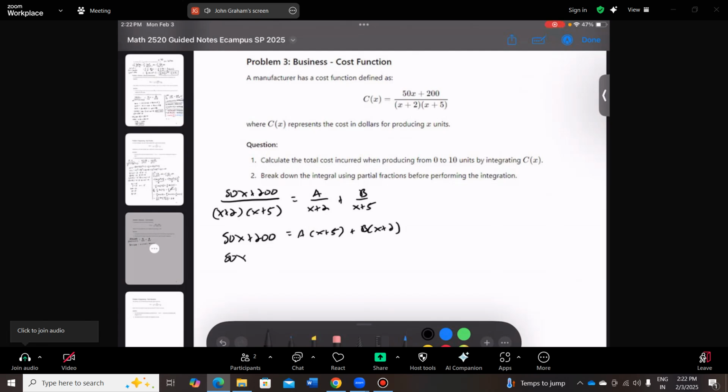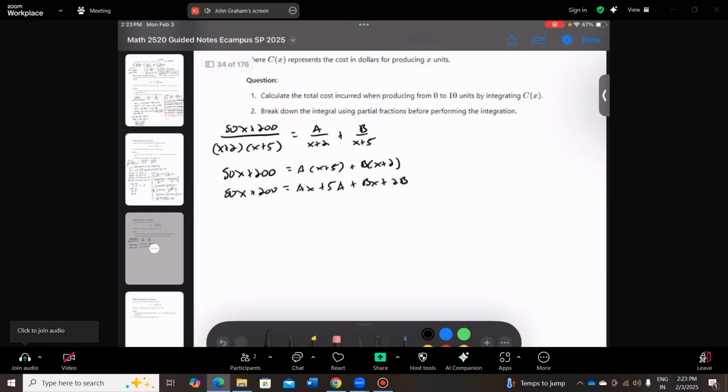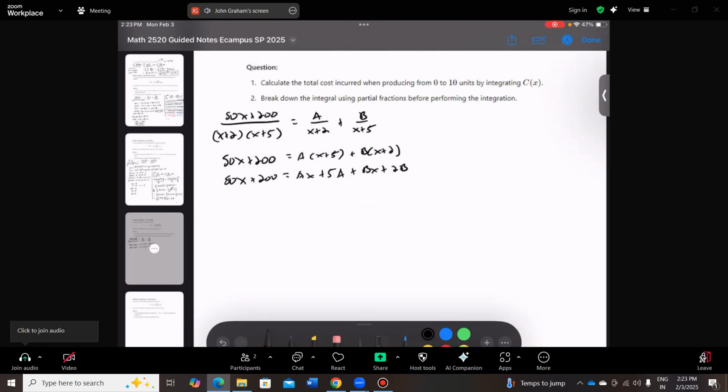Distribute: ax plus 5a plus bx plus 2b, and then we'll set the like terms together, so a plus b has to equal your 50, and then 5a plus 2b has to equal 200. That's why this one gets a little bit more complicated. We're not dealing with zeros anymore.